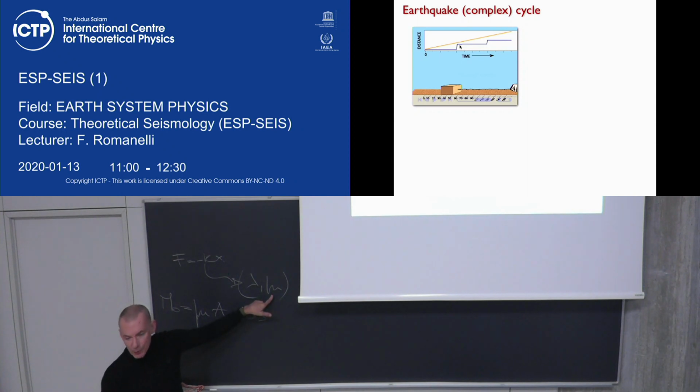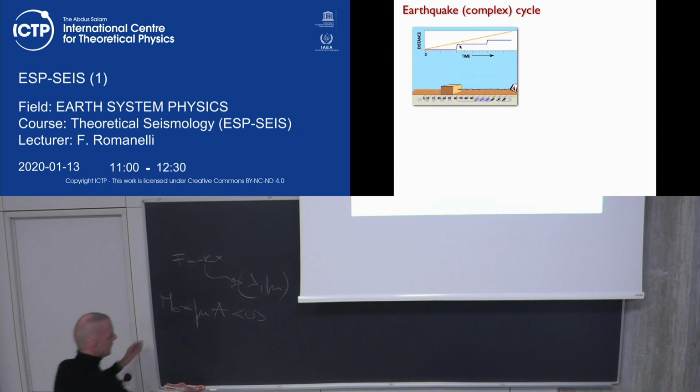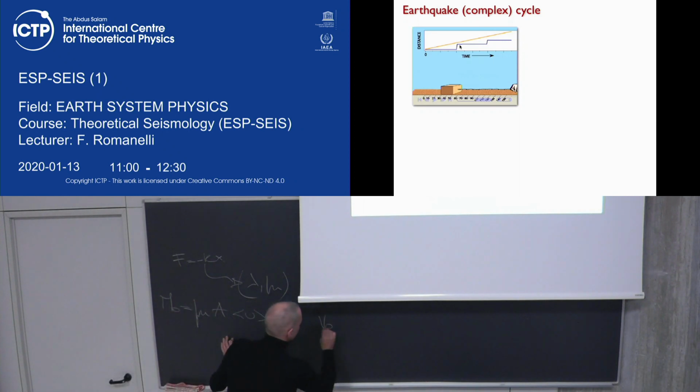This is called rigidity modulus. This has not a name, but if we consider a pure fluid, the rigidity modulus is 0. And lambda is called bulk modulus. And it's sound. Good.